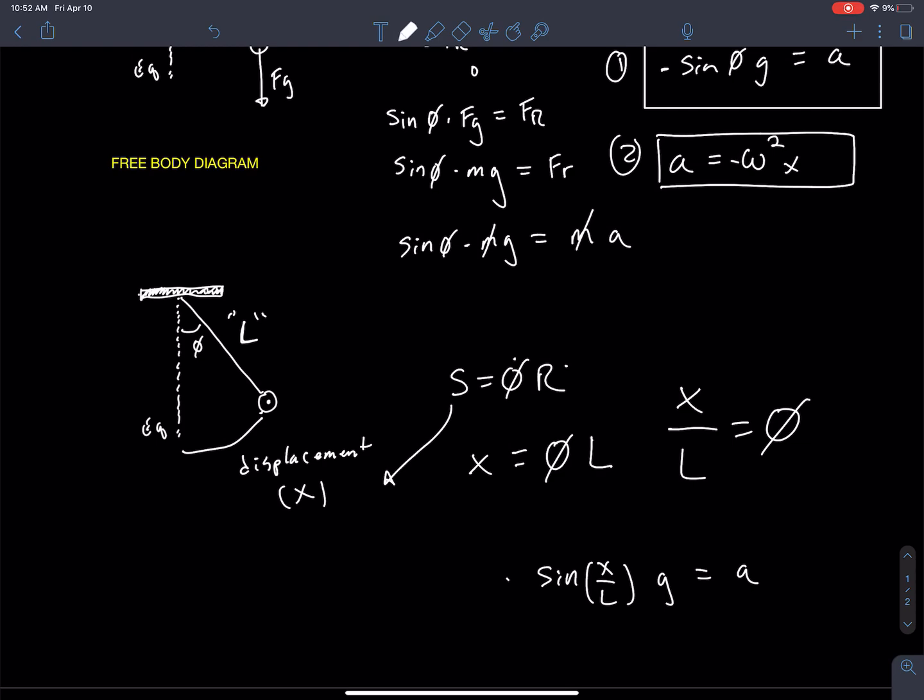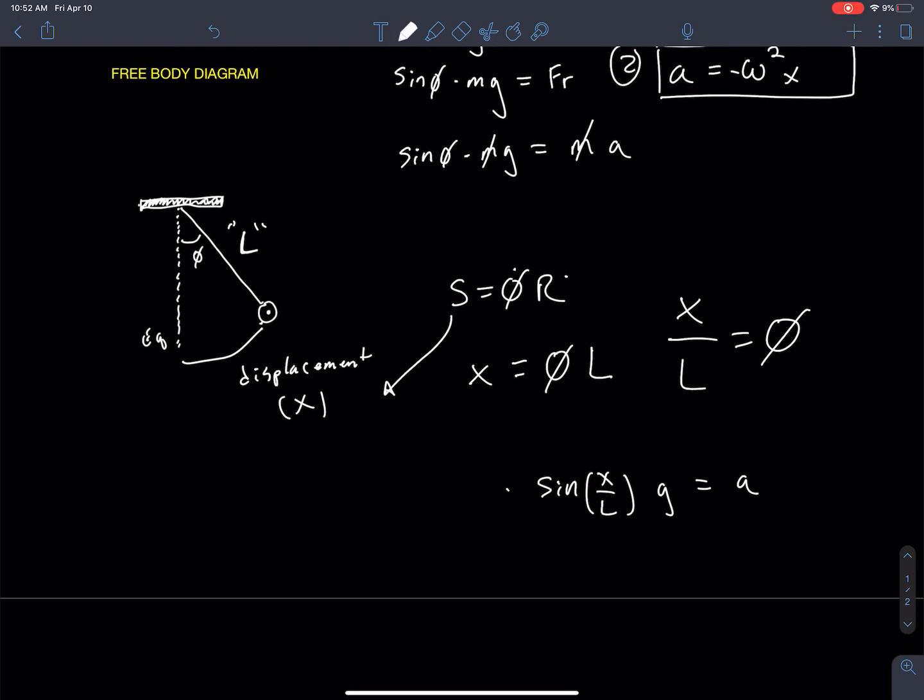And what you're going to figure out later on is that if you tried to measure sine in radians of that fraction x over L for very small angles, like 5 degrees and less, you would find that sine of x over L becomes x over L, just the same fraction. It doesn't change, and that's an important identity.